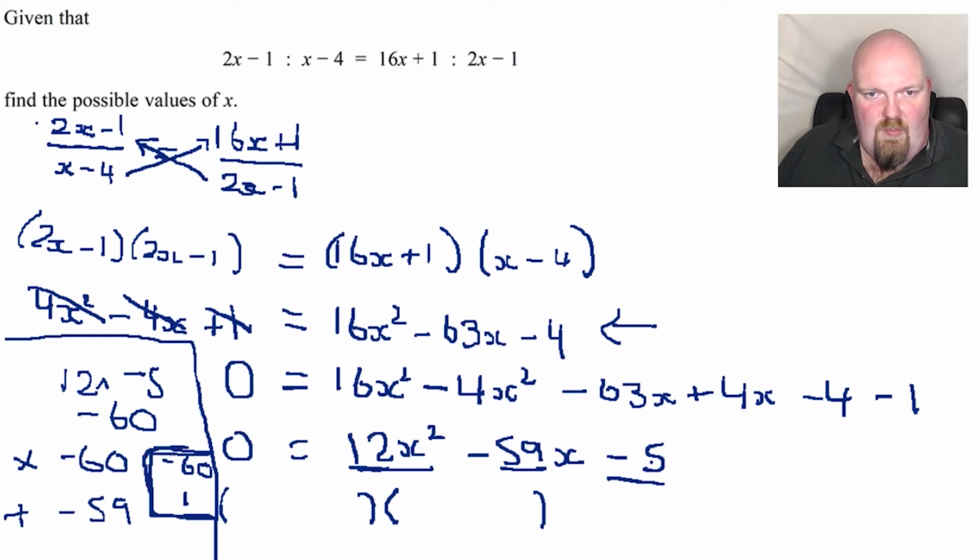Now you'll remember, with any question such as this, what I then need to do, I need to decide which of these, negative 60 or 1, is a factor of 12, okay? And the one that's a factor of 12, in this case, is 1. So I divide 12 by 1, and that gives me my factor of 12x, okay? Got 12x.